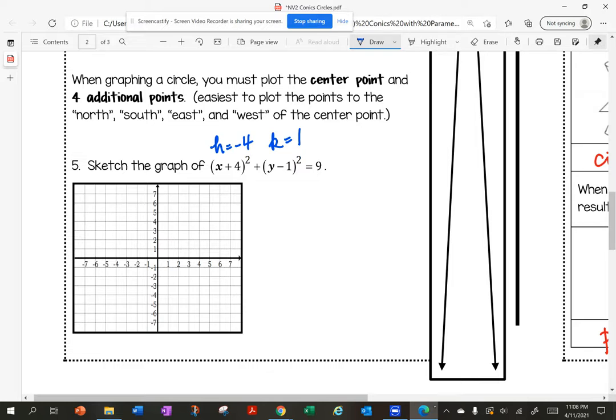So my center is at negative 4, 1. And my radius is the square root of 9, which is 3. So 1, 2, 3 in each direction. So here is my circle. Got it. That's it.